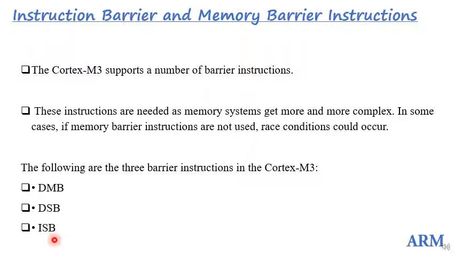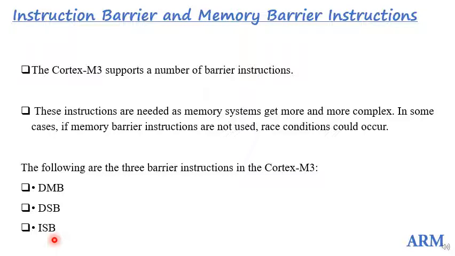Before we go for these instructions, first we'll look into why these instructions are required. These instructions are needed especially when you have two memory accesses, for example in a processor coprocessor environment, when the coprocessor of the main processor is also being used and there are two memory accesses happening simultaneously, maybe one from the coprocessor and one by the processor, and the processor is trying to access the same memory region. That is one case where these barrier instructions come into the picture.